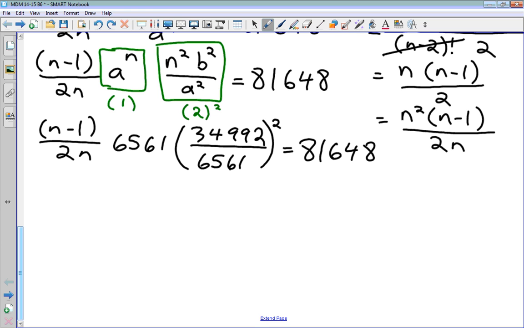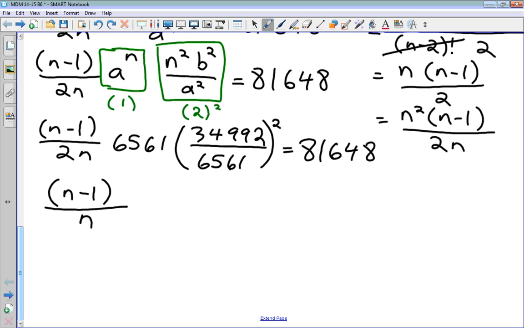Okay. What we've ended up with at this point is an equation that only has n and a bunch of numbers in it. So this is something that we can solve. So first thing we're going to do is, I've got n minus 1 all over n here.